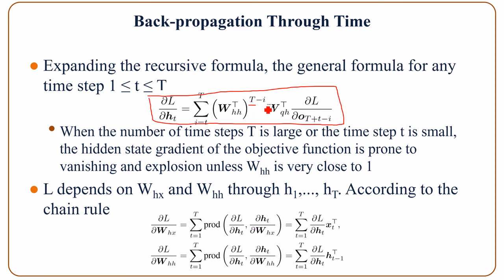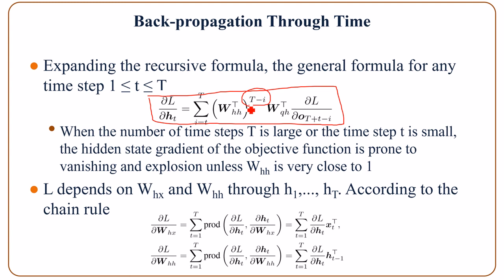Looking at the power, when the number of time steps uppercase T is very large, or the time step t is small, meaning the i here, this derivative is prone to vanishing and explosion unless the weight W_HH is very close to 1.